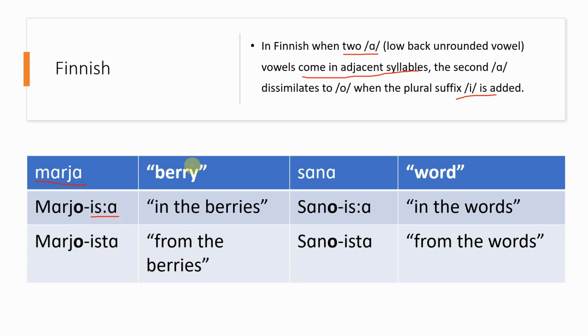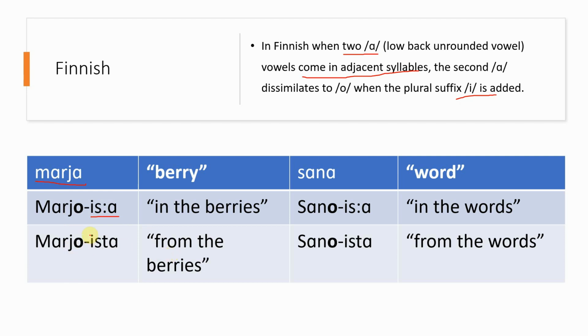"In the berries" is the meaning in English. "Marjoista" means "from the berries". So if another type of suffix is added, there is also a preposition meaning.